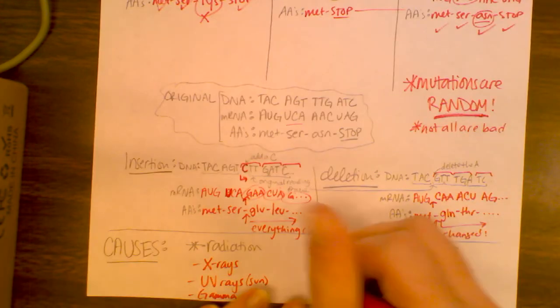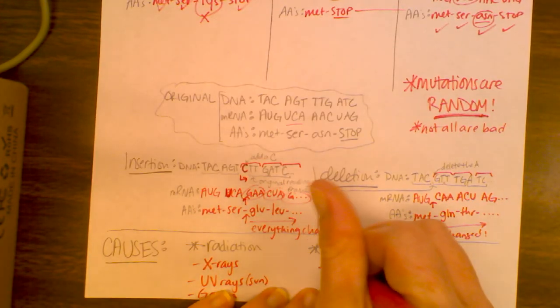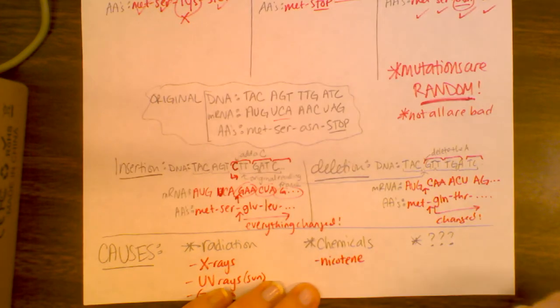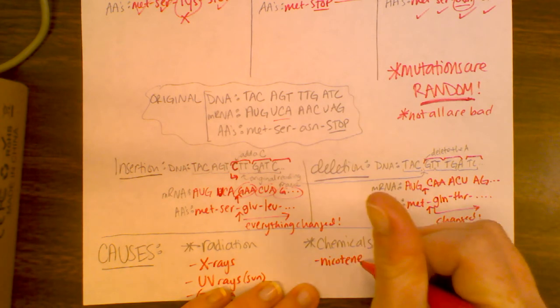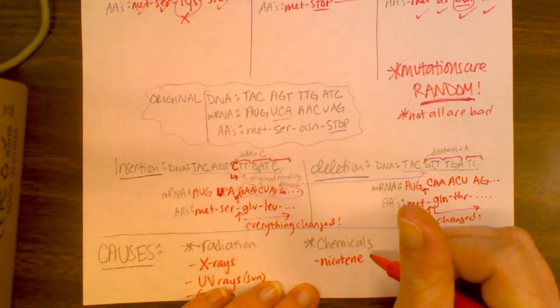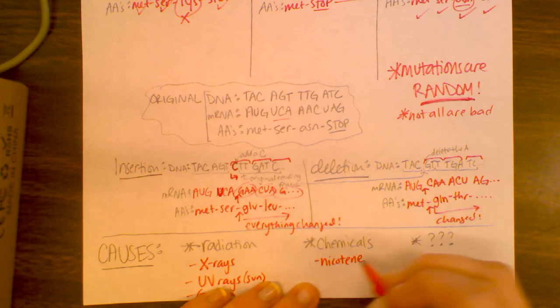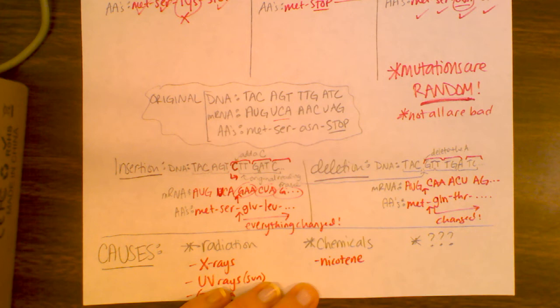And then certain chemicals like nicotine, for example, in cigarettes, can cause certain kinds of mutations. The reason it happens mostly in the lungs is because that's where the nicotine is exposed. So it's not causing specifically lung cancer because that's the mutation that happens. It's just where that chemical is.